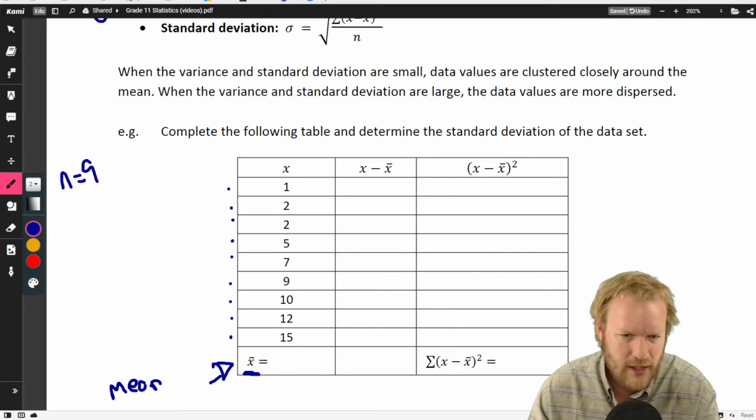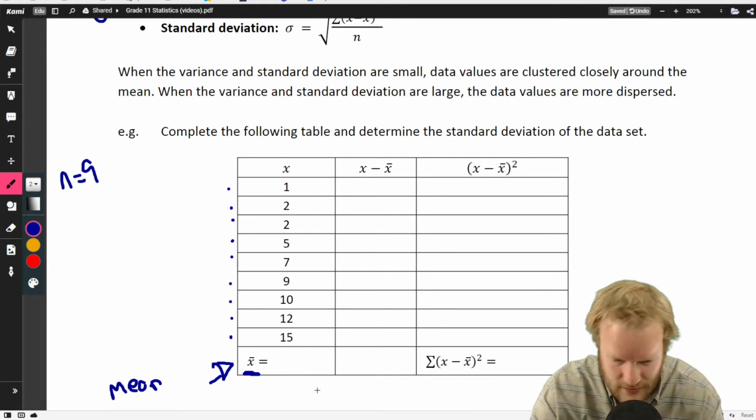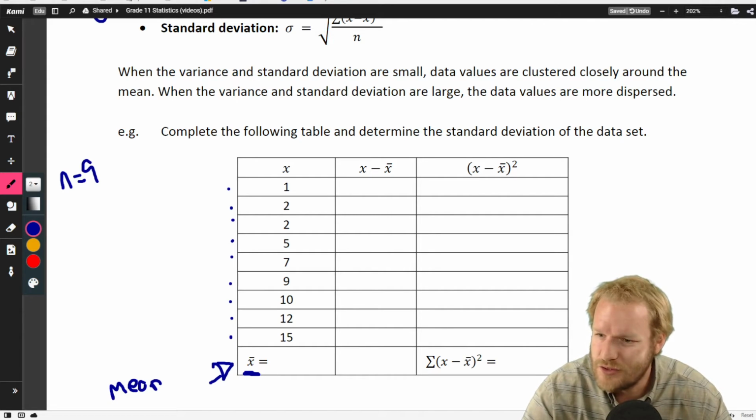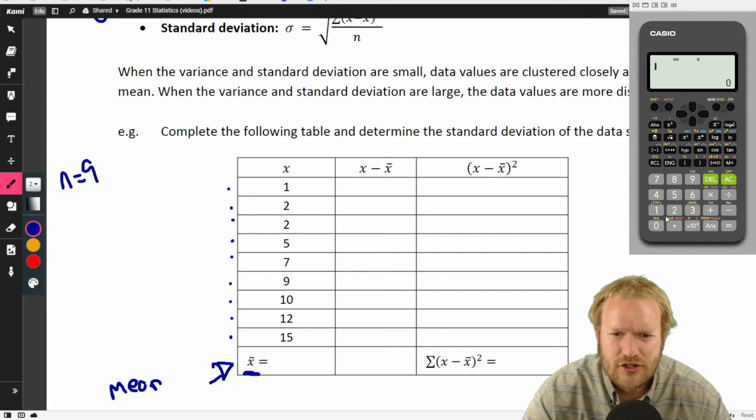And let's pull up our calculator. Something's looking funny, so I'm just going to clear: shift 9, clear, yes, I want to clear everything, equals.